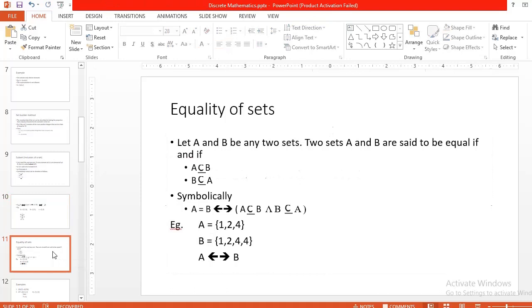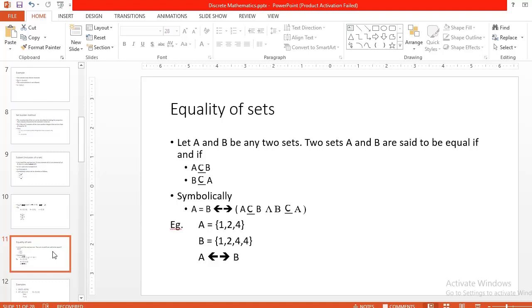Next, equality of sets, or how we can say that two sets are equal. Suppose there are two sets A and B. These sets are equal if A is a subset of B and B is a subset of A. There are two conditions for the equality of sets, and only then can we say the two sets are equal.